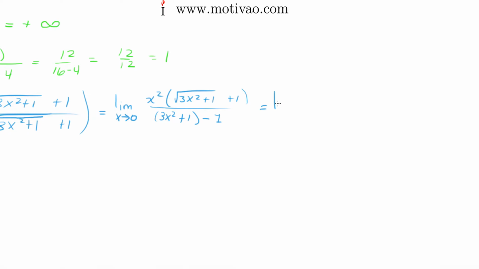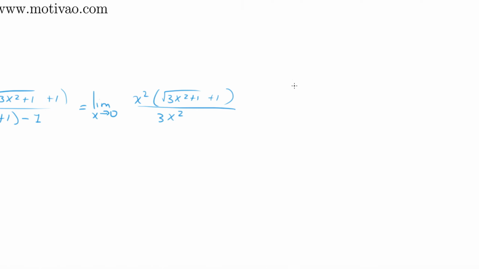So now we keep going, we simplify the bottom. Notice that the plus 1 minus 1 gives you 0, so you're left with 3x squared, and that's what I want. I want to get rid of the x squareds, which is what's giving me the problem.